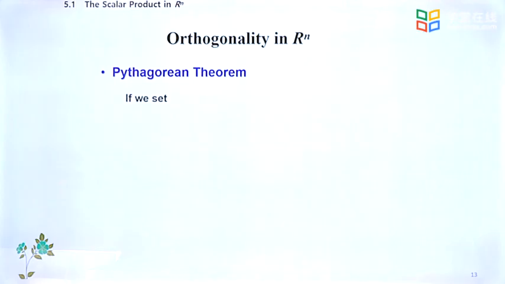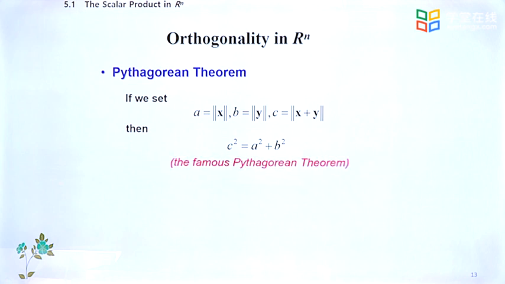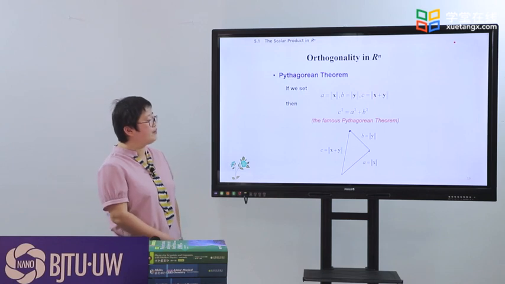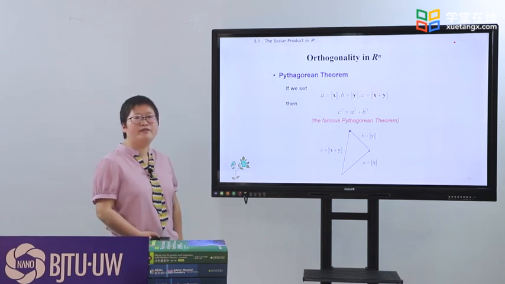So for the Pythagorean theorem, if we set A equals length of x, B equals length of y, C equals length of x plus y, then C squared equals A squared plus B squared. So this is the famous Pythagorean theorem. It's just like here. And in Chinese, we call it 勾股定理, right? Very famous theorem.